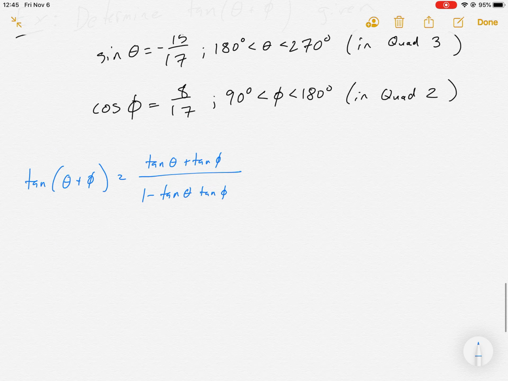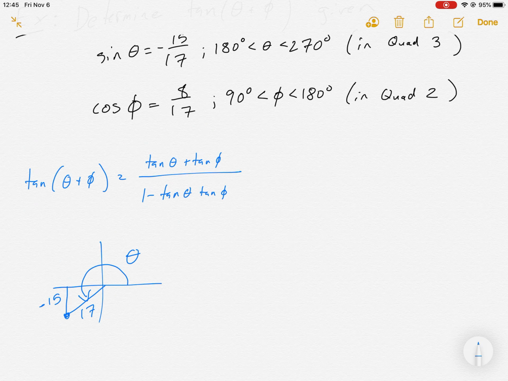So we have no information yet about tangent of theta or of phi. So we're going to have to go ahead and create the triangles in this case. So theta puts me down here into quadrant 3. I know that sine is 15, so it's opposite over the hypotenuse. This has to be negative based on the quadrant it's in.